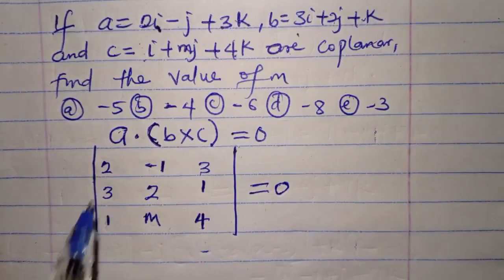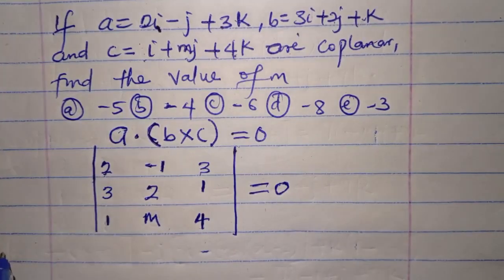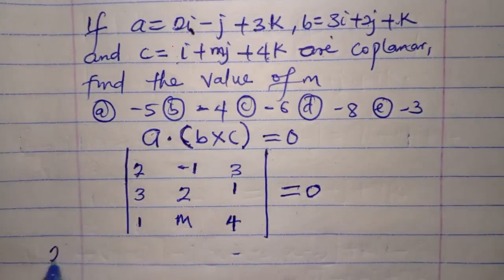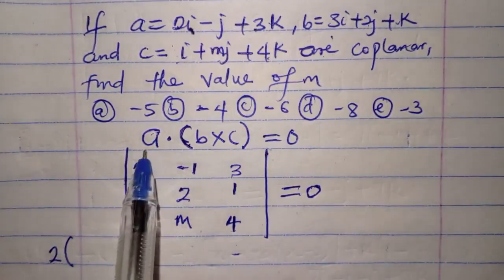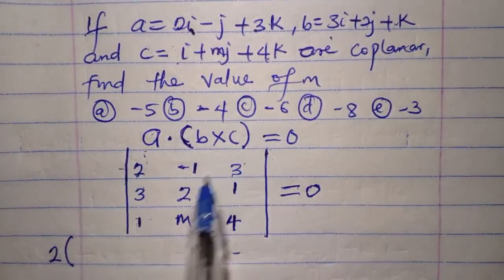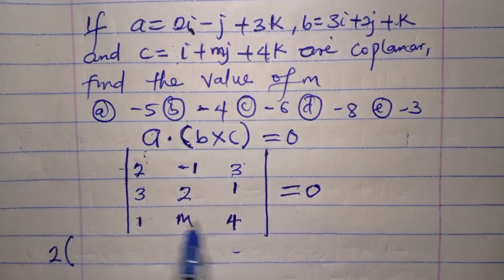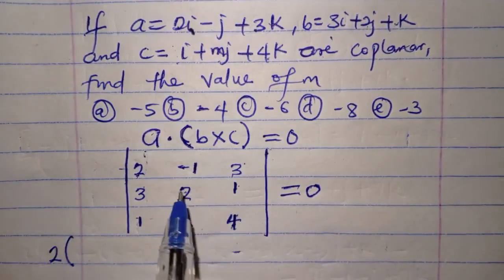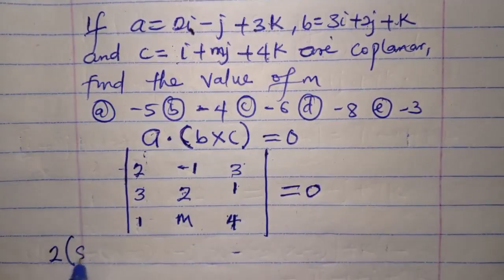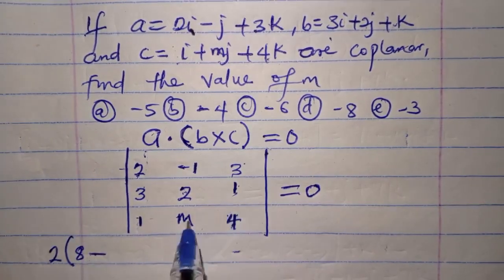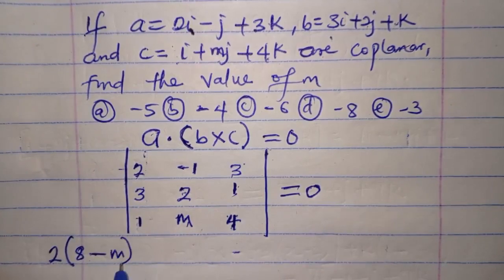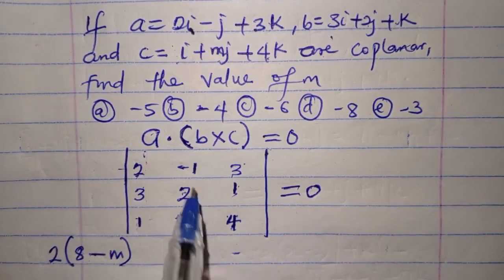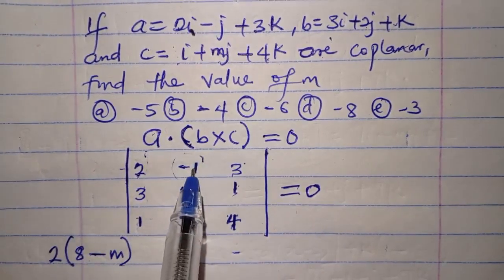We bring 2 out with a sign of plus. Eliminate this column of 2, eliminate this row of 2. We have the entries 2, 1, m, 4. The determinant of this matrix is 2 times 4, 8, minus 1 times m. Then the next entry here is minus 1.